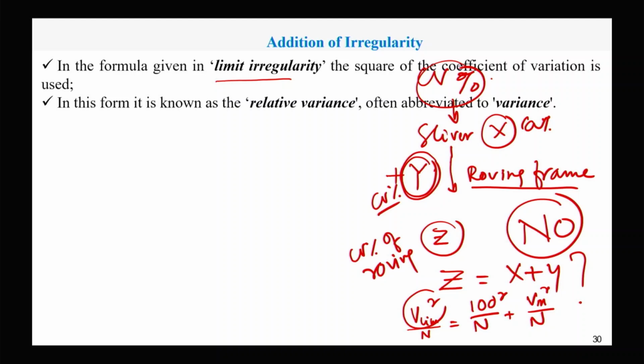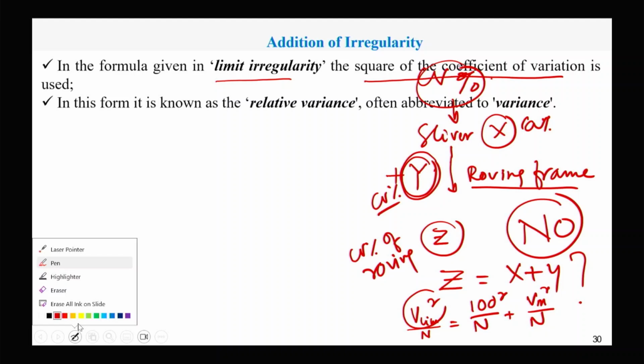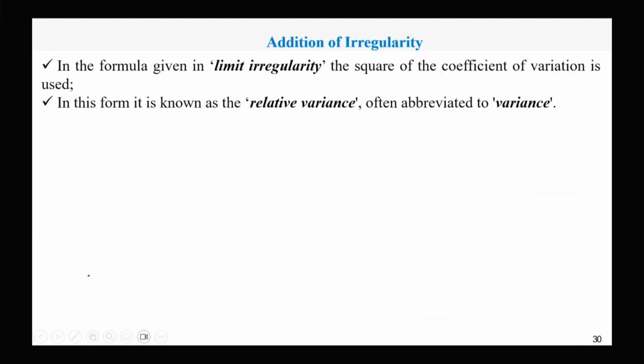So the square of the coefficient of variation is added. This square of coefficient of variation is called relative variance.